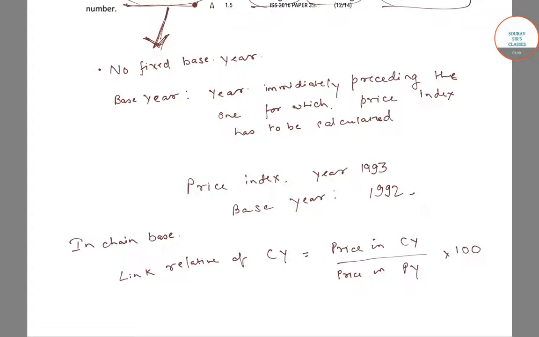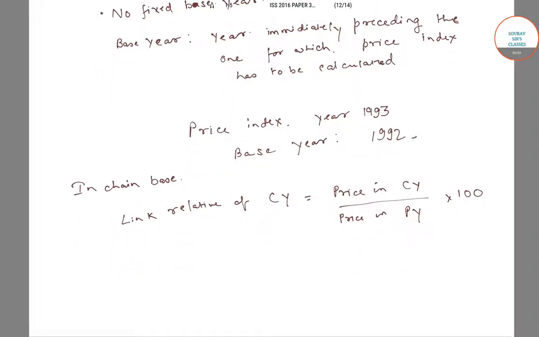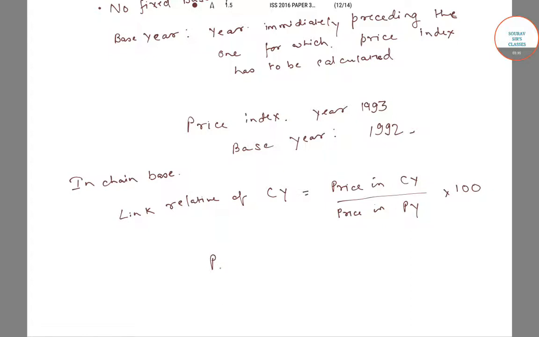Or P n minus 1 comma n is equal to Pn divided by Pn minus 1 into 100.